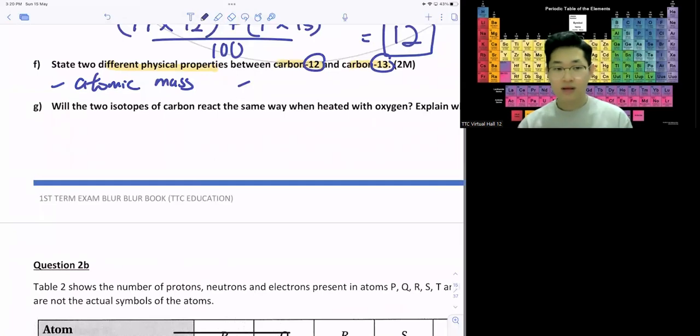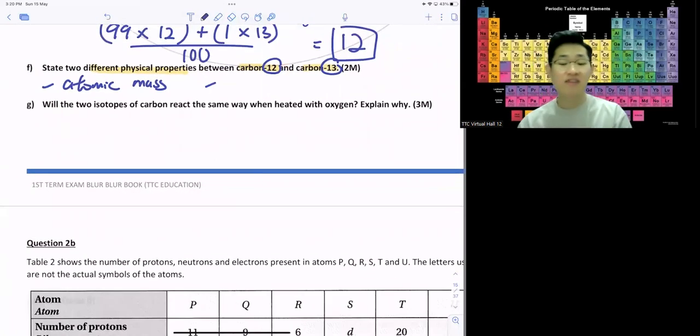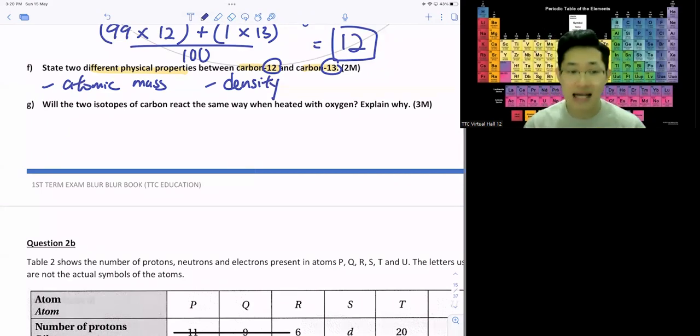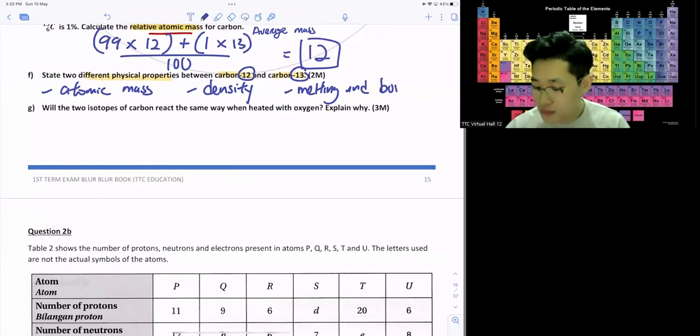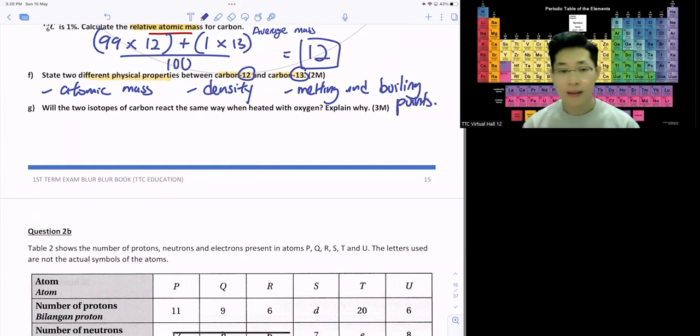And then different number of neutrons. Yes, they have different number of neutrons, correct? They have different density. These are the things that you can write: density, number of neutron, atomic mass. Or you can say melting and boiling point. These are the physical properties.